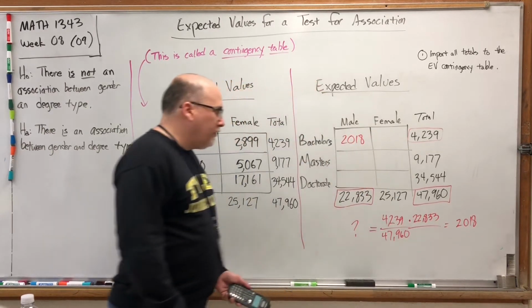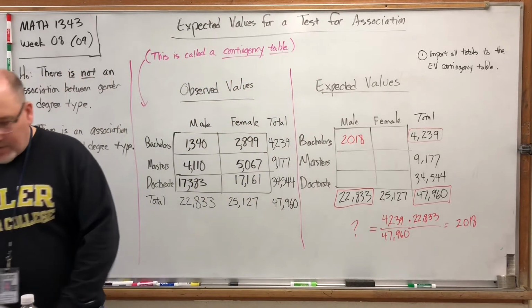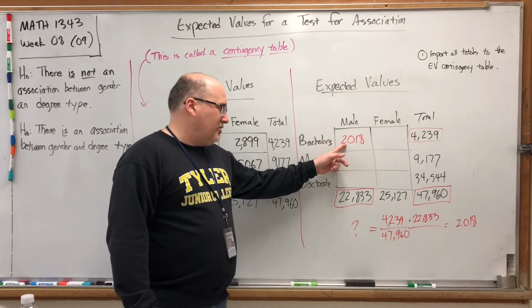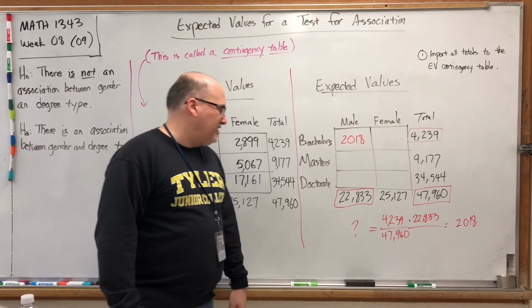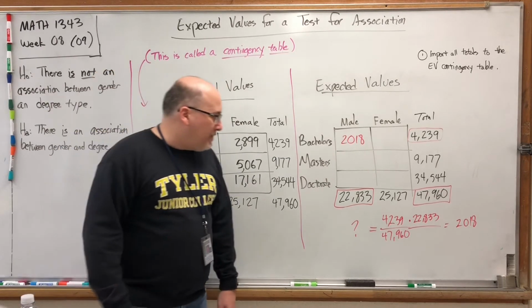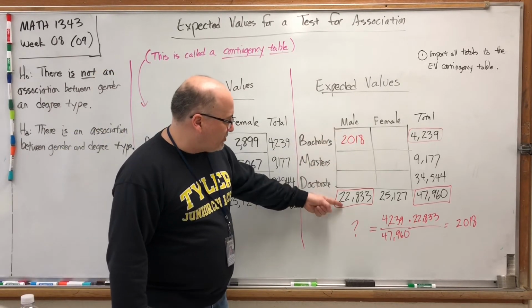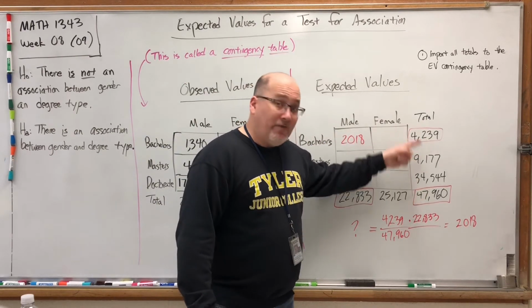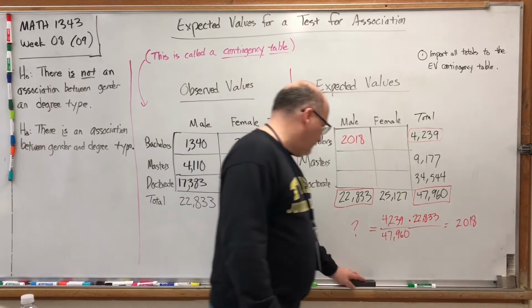So if we had perfect proportionality, or at least as close as we can get with whole numbers, then we would have expected 2018 males to receive bachelor's degrees, making the proportion of males who receive bachelor's degrees the same as the proportion of all people who receive bachelor's degrees.